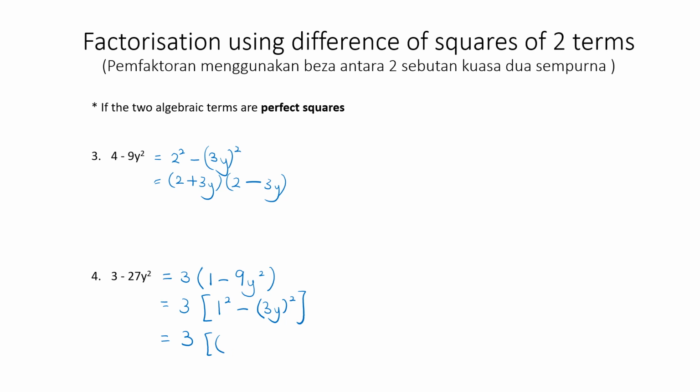So we have two brackets to factorize this, which is 1 and then 3y multiplies with 3y. To get a negative, one must have positive and one must have negative. So you can put a negative first and then positive, it is still the same. So this is the answer. So for this kind of question, you will always have two brackets in your answer with the same term.